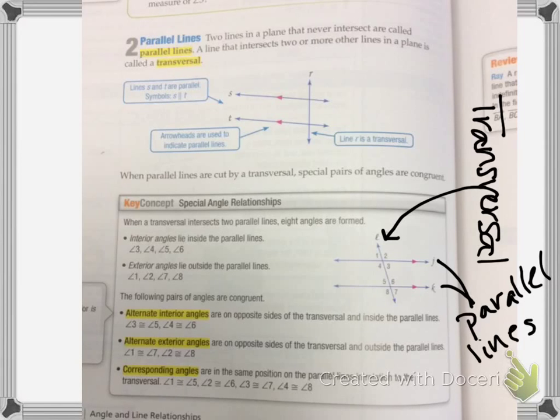Alternate exterior means they're outside of the parallel lines, but still on opposite sides of the transversal. So in this case, 1 is congruent to 7, and 2 is congruent to 8.